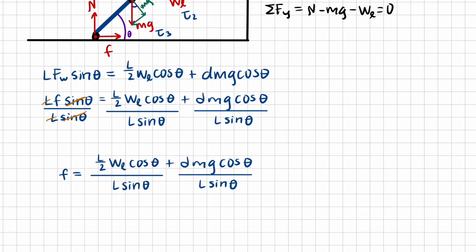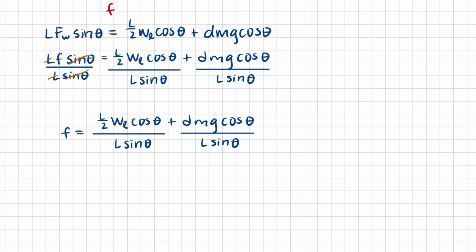But of course, we want to make this a bit more elegant. So let's do just that. The first thing is I have cosine over sine. I know that's going to be cotangent or 1 over tangent. So let's rewrite it.